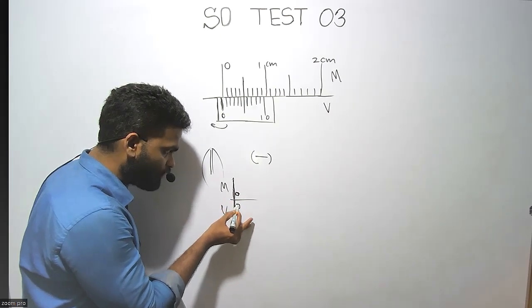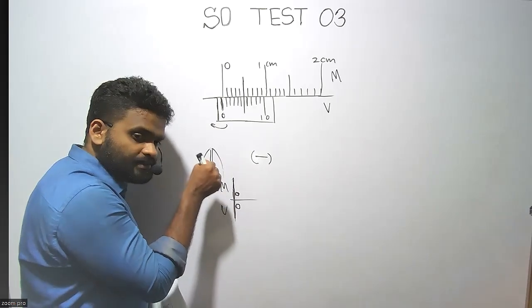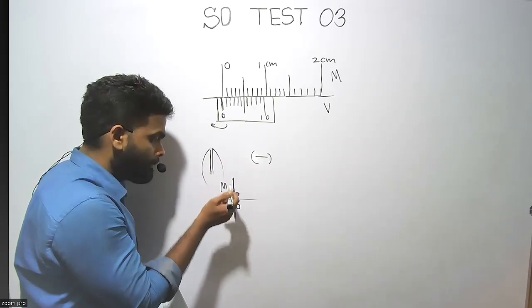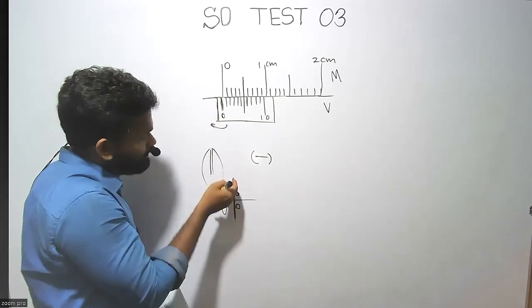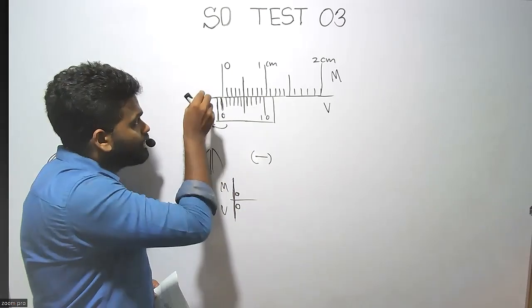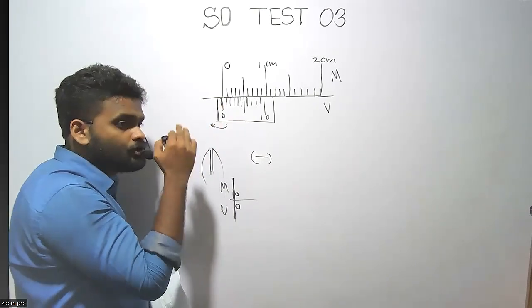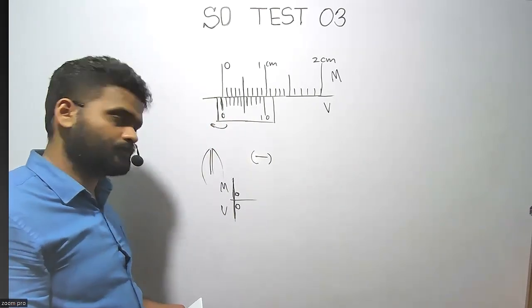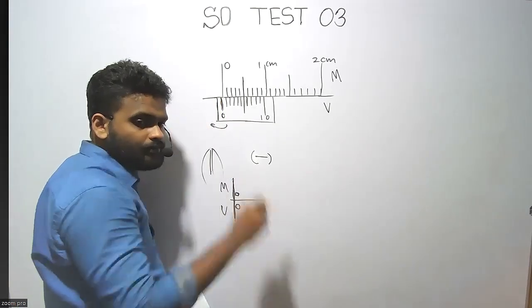So they should coincide, 0 and 0, as the external jaws touch each other. Error occurs when those 0 marks do not coincide. So you need to find that shift. So how do you find that shift?